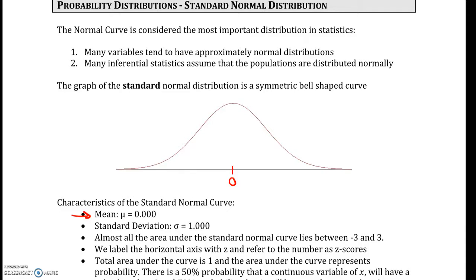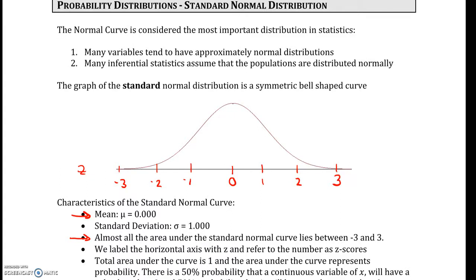And so what that means is that we have this horizontal axis, which we refer to as the Z-score, and it increases in increments of 1. We'll talk more about this over the next couple days, but it turns out that almost all of the values will have Z-scores between -3 and 3.